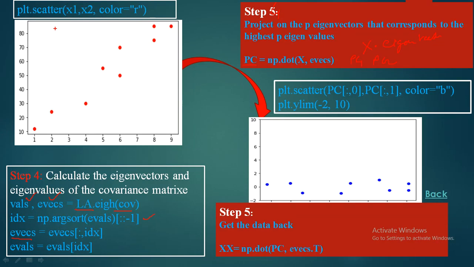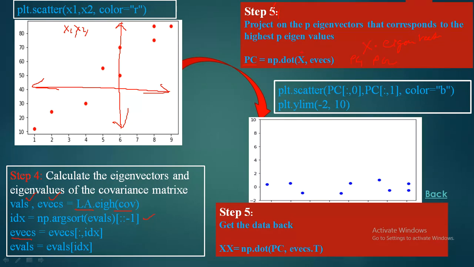If you plot the two dimensions x1 and x2, you will get a plot like that. So you have sufficient variance in the x1 direction and you have a huge amount of spread or variance in x2, like up to 80 it goes.